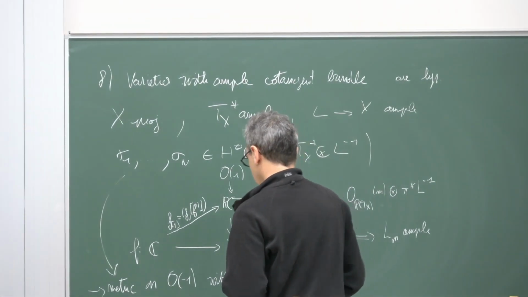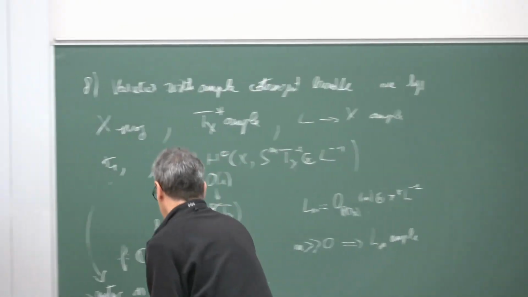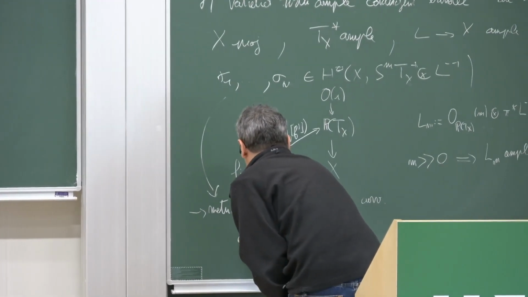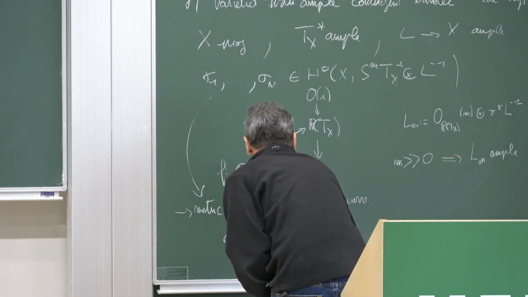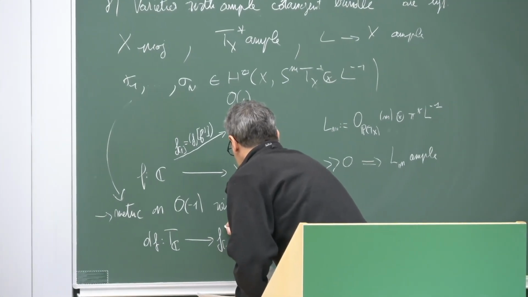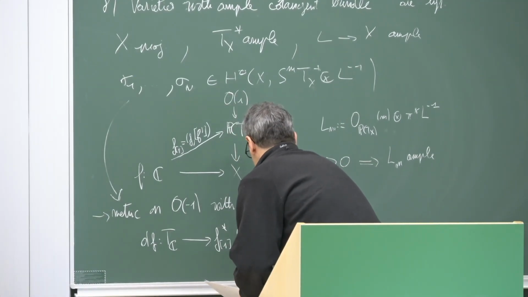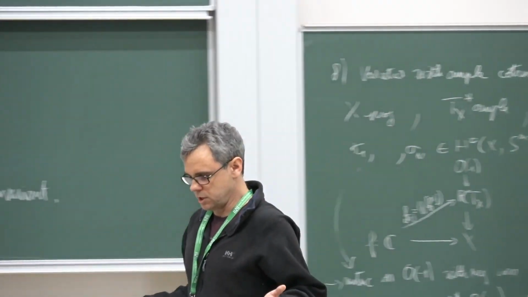And so now you just have to remark the following to do the same argument. You remark that the derivative of f, in fact, gives you a morphism here, okay? It's tautological.